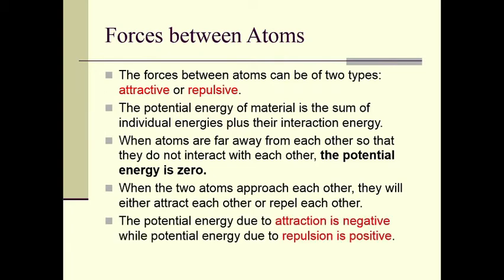The potential energy due to attraction is negative, while the potential energy due to repulsion is positive, and in order to form a bond we need a negative potential energy. That means we need an attraction between the two atoms, then the bond will be formed, right. So the potential energy must be negative in order to form a bond.